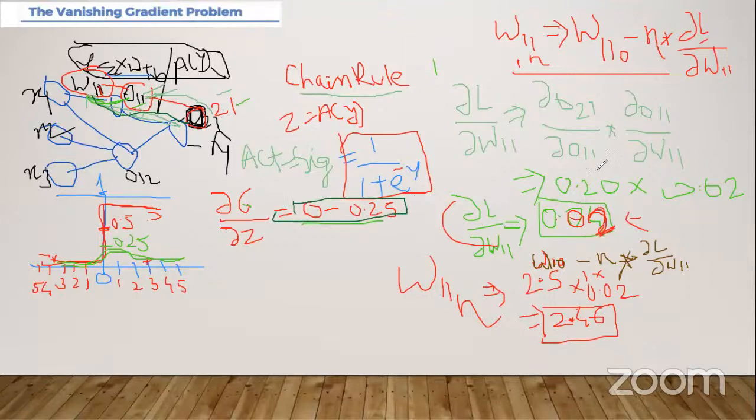Because of which, if I adjust the formula accordingly, the old weight and the new weight will not have much difference. The old weight was 2.5, and by this formula the new weight will be about 2.46. So I don't see much change.